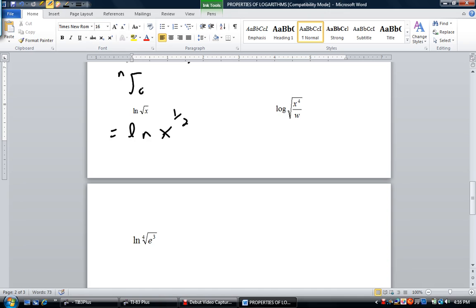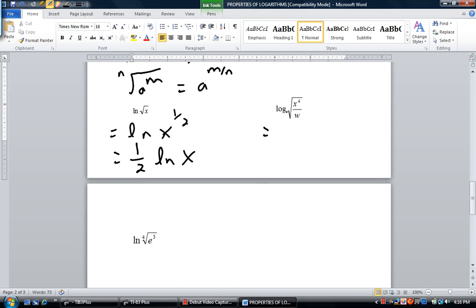The nth root of a to the m is the same as a to the m over n exponent. The n moves out underneath as your denominator of the exponent, which now means I can take that 1/2 and it moves out in front of the whole natural log. See that?